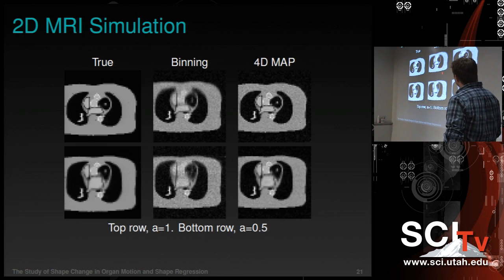We see that this is at least a little better than the previous slide, but still quite a bit of blurring of internal structures. With our 4D reconstruction, we're able to resolve these internal structures a lot better, which is the main application for MRI. You want to actually see where the substructures of the heart are moving.